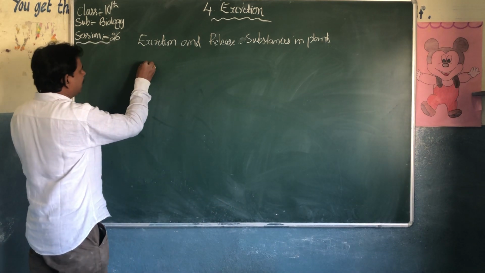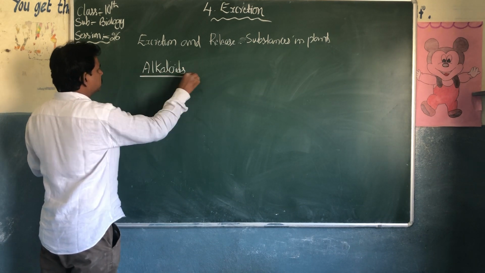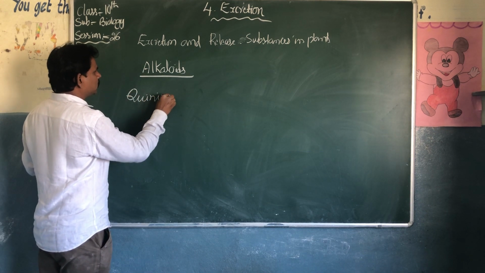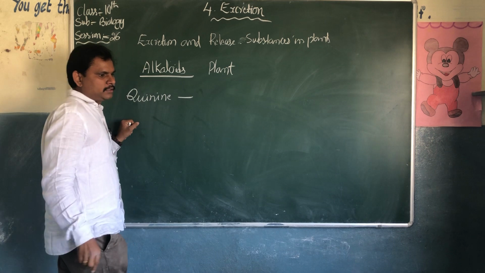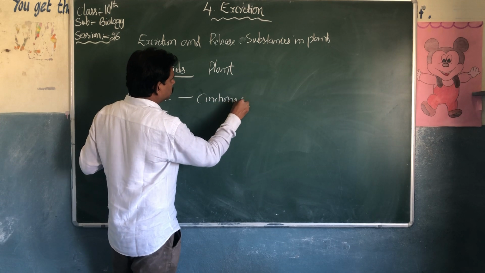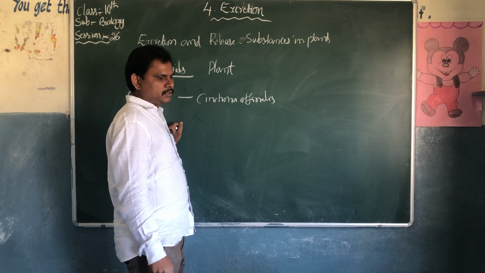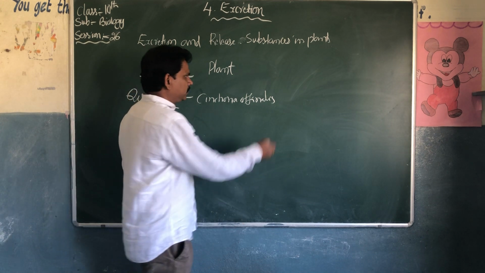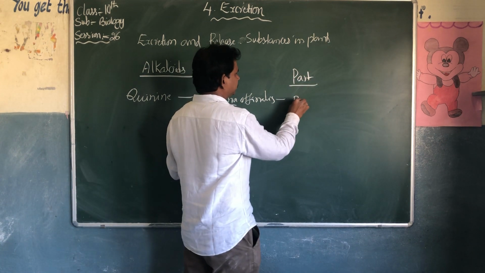Some of the alkaloids are given in the picture. First, quinine. The plant's scientific name is Cinchona officinalis. Which part is useful? Bark.